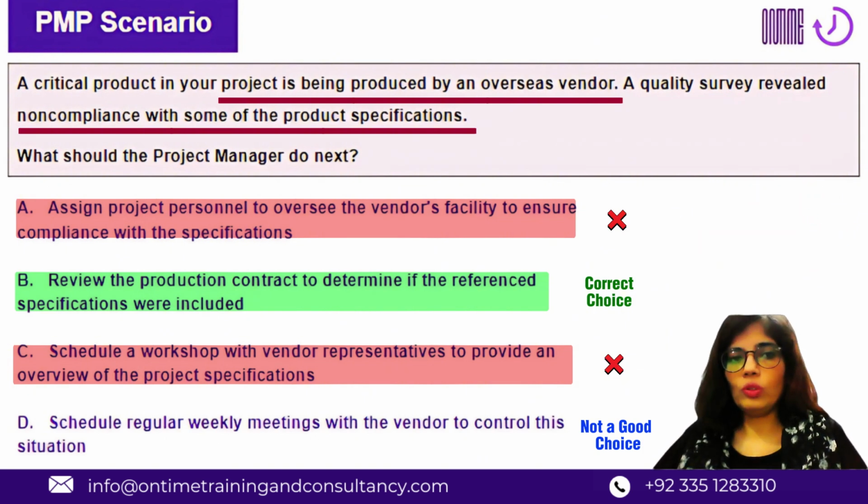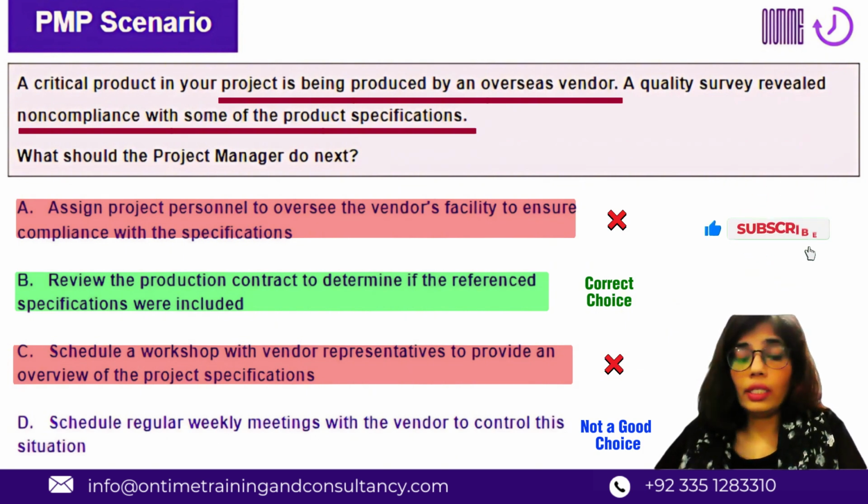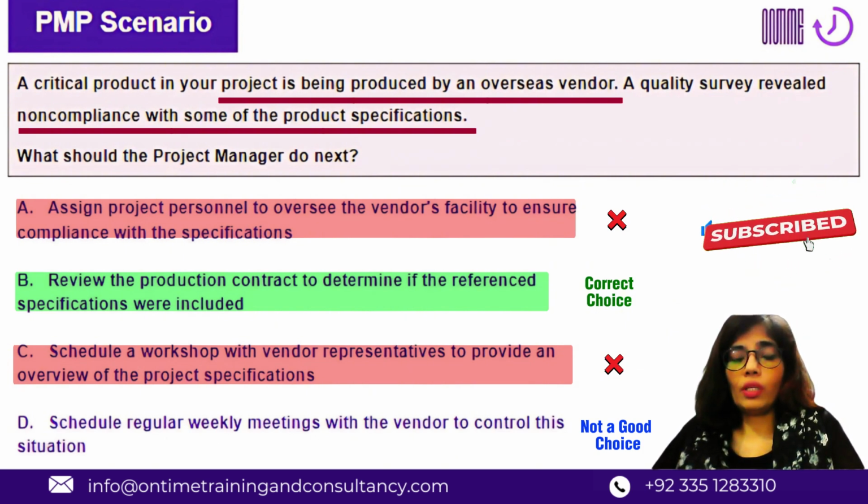If you get to know that yes, non-compliance is there, and that non-compliance is because of some monitoring and controlling issues, or maybe because of something which was not intentional, then mentoring and coaching and controlling, monitoring could help. But again, that's not the first step in the situation.